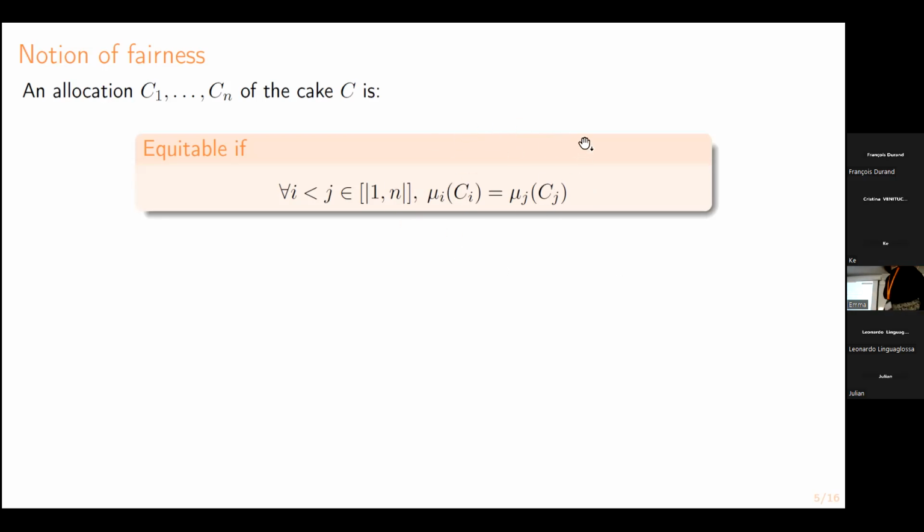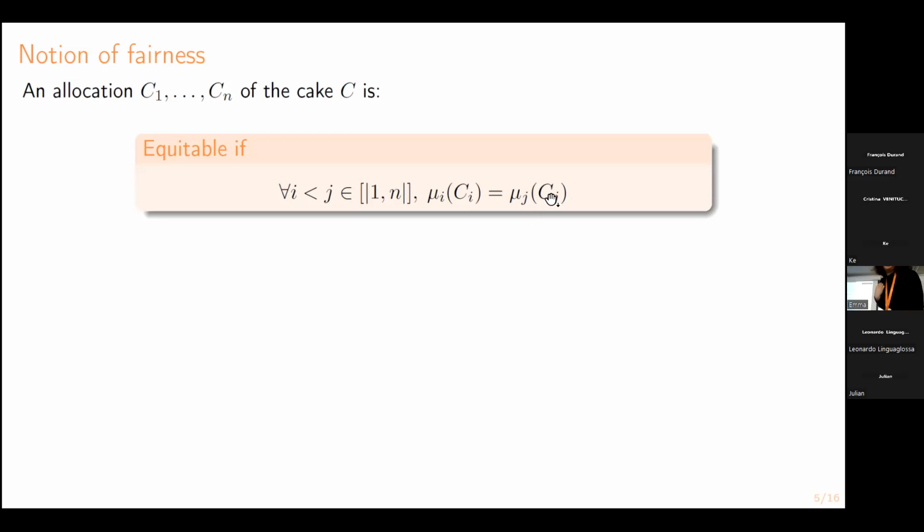The second reason is that there are agents that could be envious of other agents. The utility I assign to my cake is the same as my friend's utility assigned to their piece of cake. But I could think that my friend's piece of cake has a better utility than mine, because here it's mu j of cj and not mu i of cj.